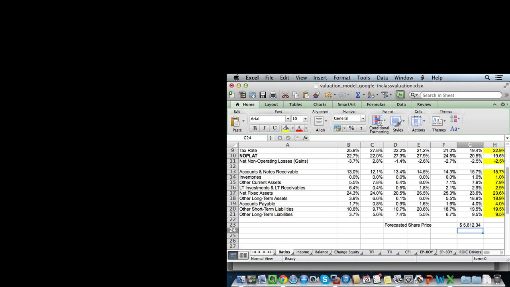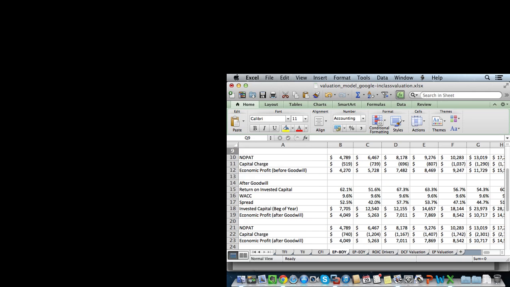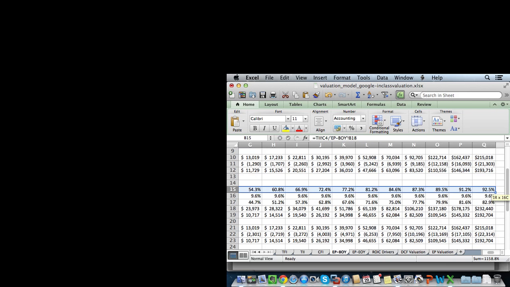And then the other thing that we're going to do when we forecast is we have to make sure that we're creating a realistic valuation. So in advance of doing this, we're going to create a little chart. In the EPBOY tab, we have a forecast. We have historical and forecasted ROIC, which is row 15.